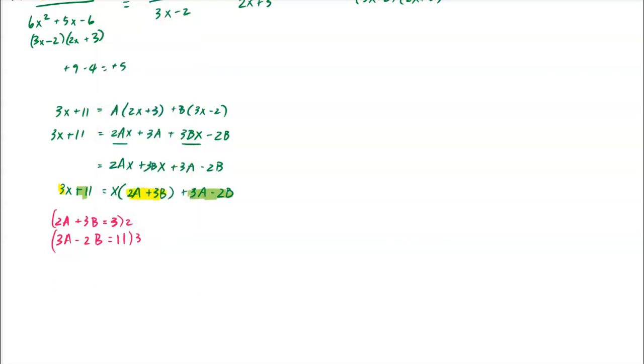That gives 6a plus 6b equals 6. Kind of lose my train of thought sometimes. 3 times 2 is 6. 3 times 3 is 9. 9a minus 6b equals 33.